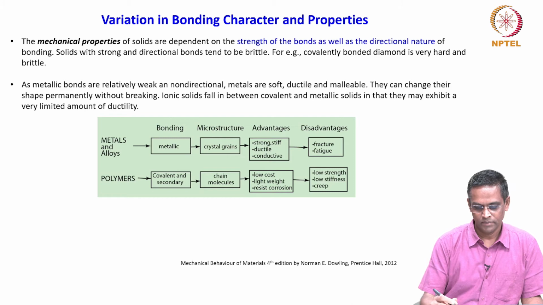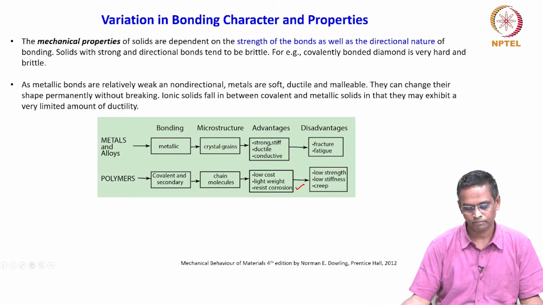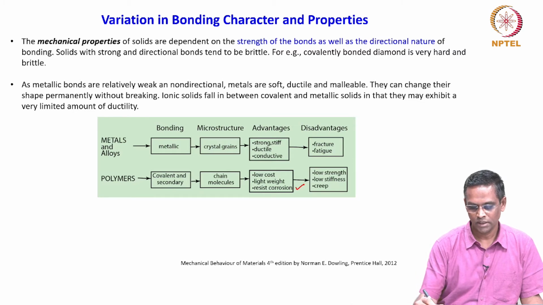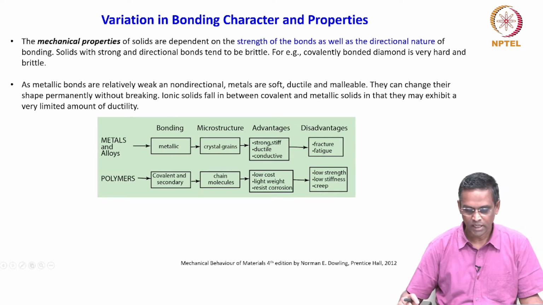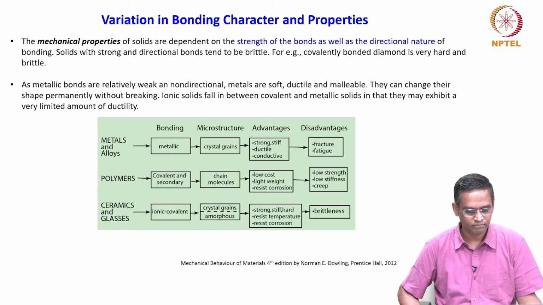Advantages in terms of utility: low cost, lightweight and, very importantly, corrosion resistant, right. Disadvantages from the engineering point of view: low strength, low stiffness, do not have good creep properties. Okay. We will understand why these things are so as we proceed further.